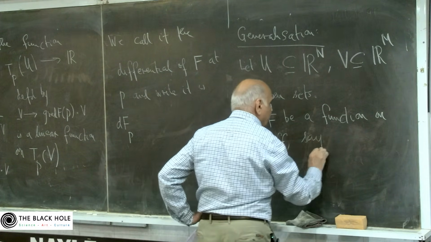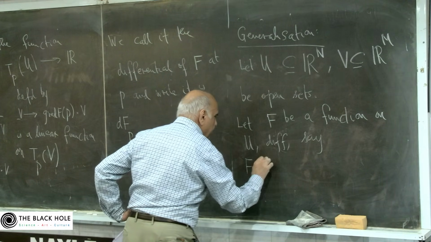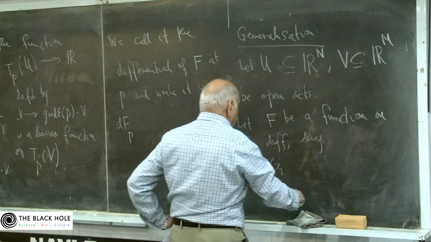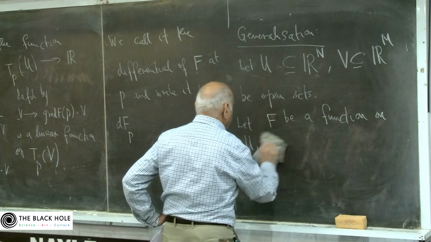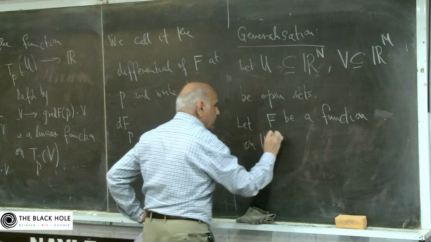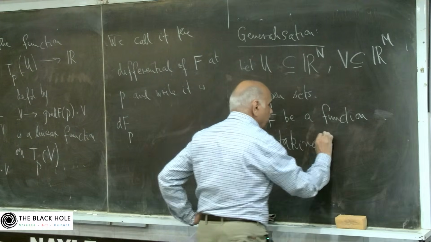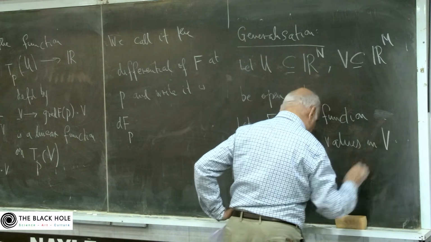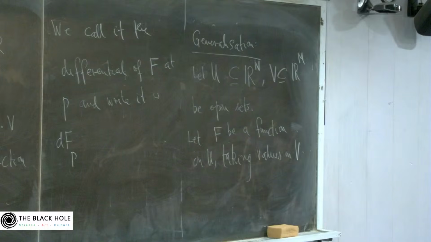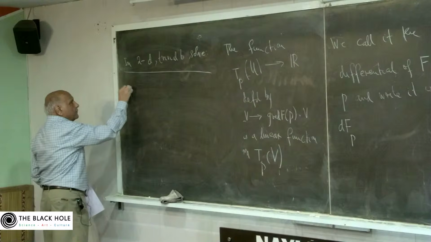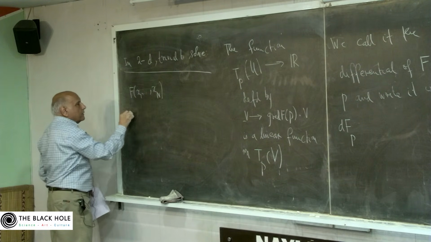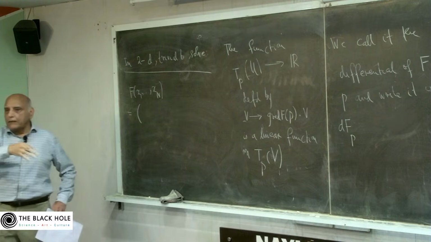So f is a function of n variables. Let f be a function on U taking values in V. So how will f look like? f of x1 up to xn, it will have how many components? m components.